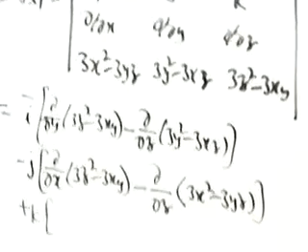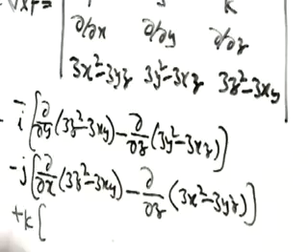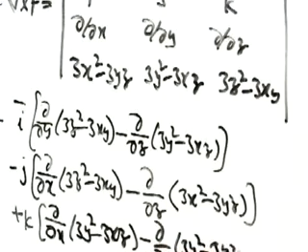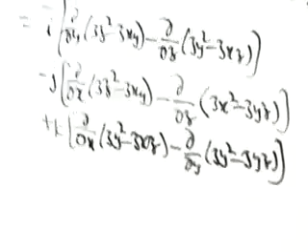Now we have to take the value for k. When we take k, we have to multiply these two minus these two. So this will be dou by dou x of 3y square minus 3xz minus dou by dou y of 3x square minus 3yz. Now let me complete this.